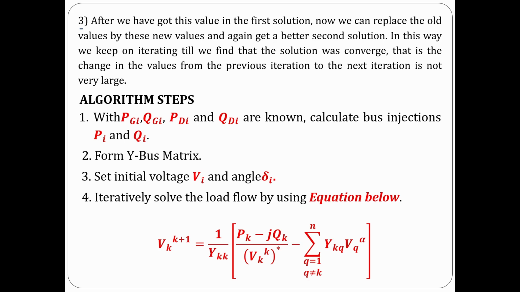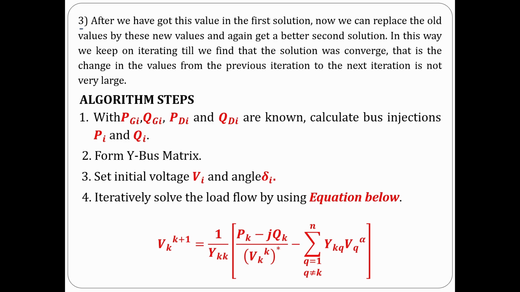In this way, we keep on iterating until the solution has converged, that is, the change in the values from the previous iteration to the next iteration is not very large. And these are the algorithm steps.